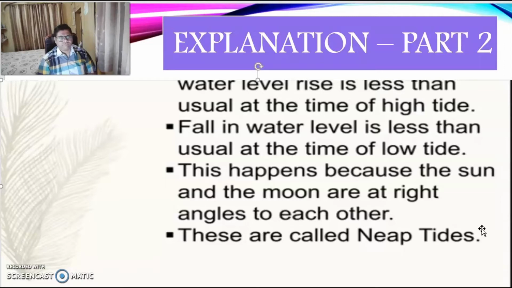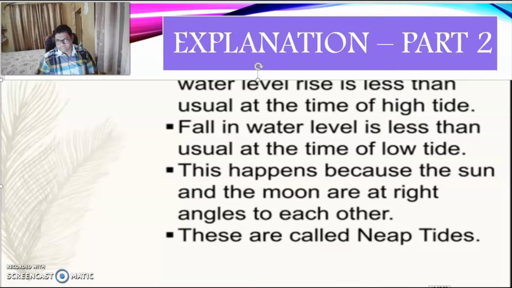Since they are acting in 2 different directions, the water level which rises during the high tide is less than the usual time of high tide, and the water level which falls is also less during the low tide.